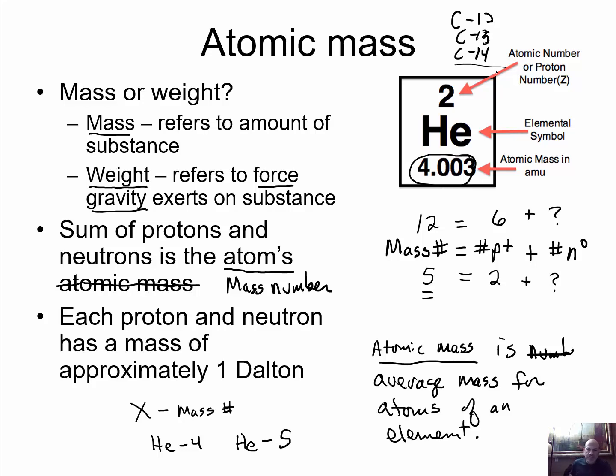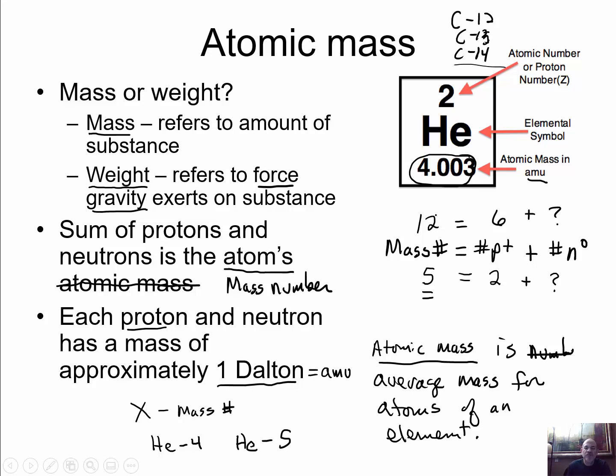Now, it's important to note that each proton and each neutron has a mass of approximately 1 Dalton. And a Dalton is the same as an AMU, which stands for atomic mass unit, which is why in this diagram that I shared with you on the right, which shows one of the boxes of the periodic table, it says AMU for atomic mass units.